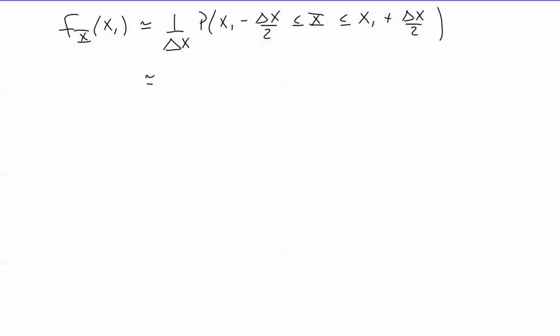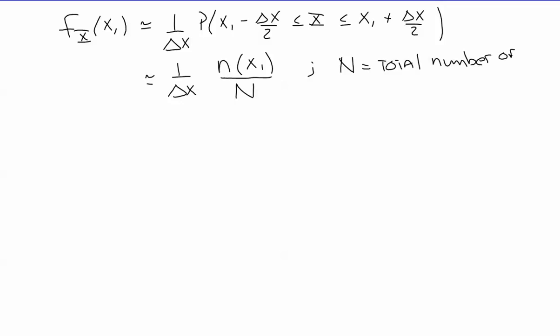So I can further simplify this to be 1 over delta x times the number of samples in the bin centered at x1 divided by the total number of samples. Capital N equals the total number of samples of my random variable x.